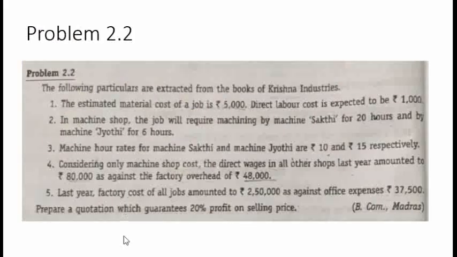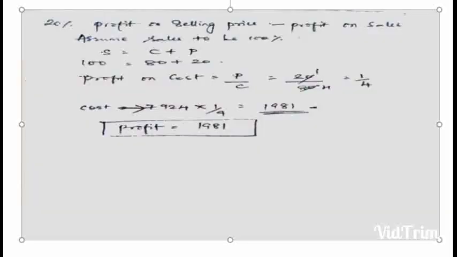Yes. If you look here, prepare a quotation which guarantees 20% profit on selling price. Okay. There is one more working note for it. So let's get into the working note. This is a calculation for profit.